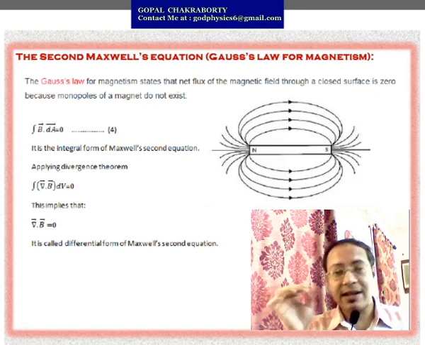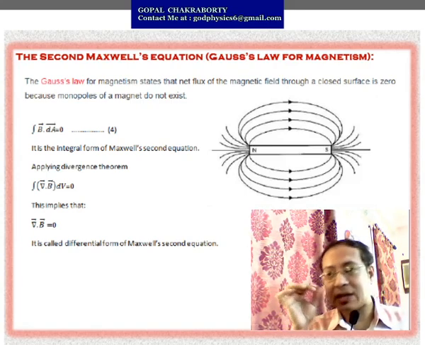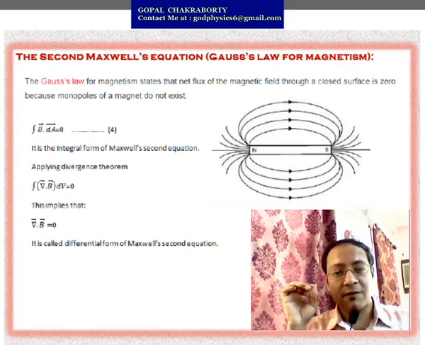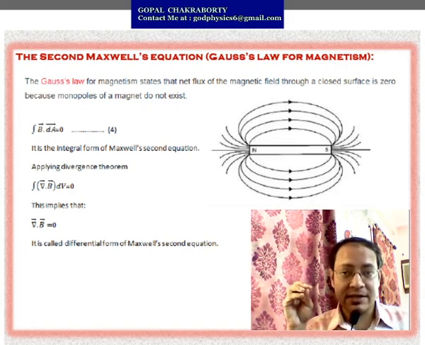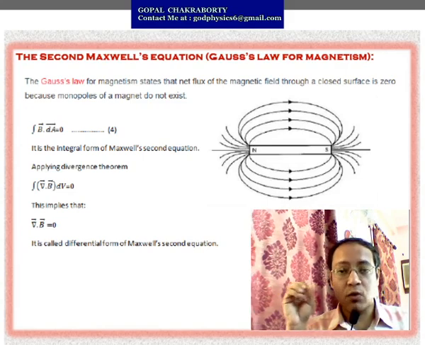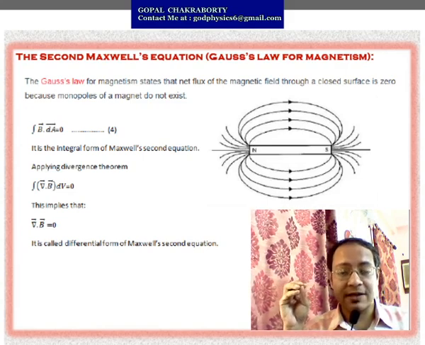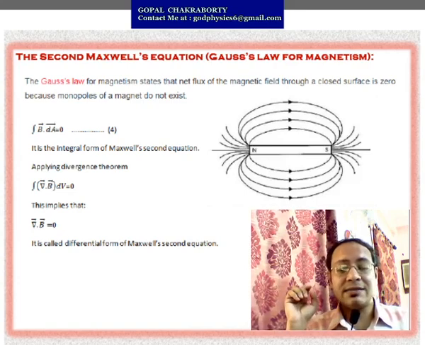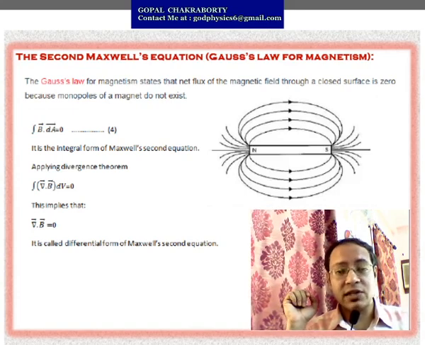This equation tells you Gauss's law for magnetostatics, which states that the magnetic flux around a closed curve or closed surface equals 0. It is also a time independent equation.